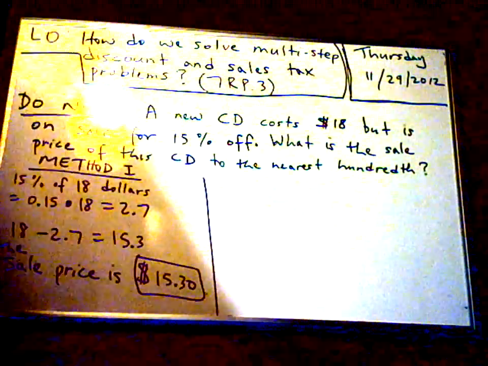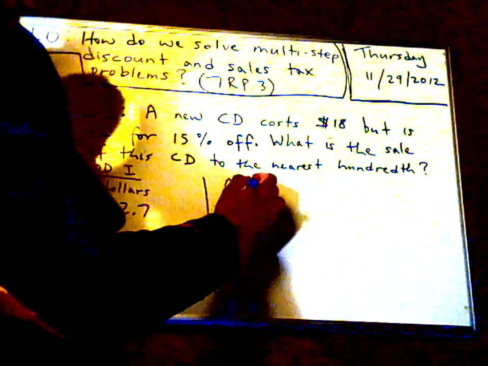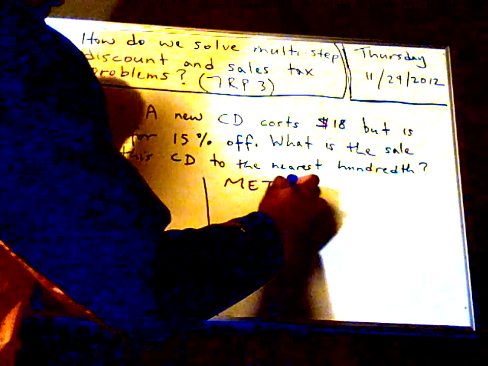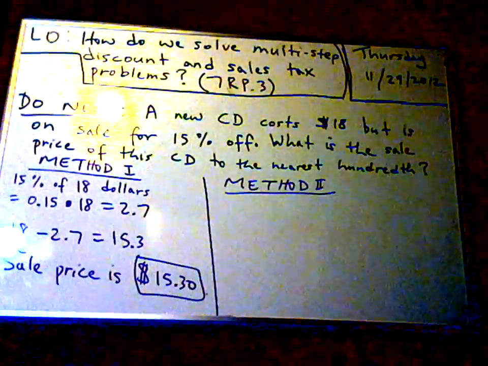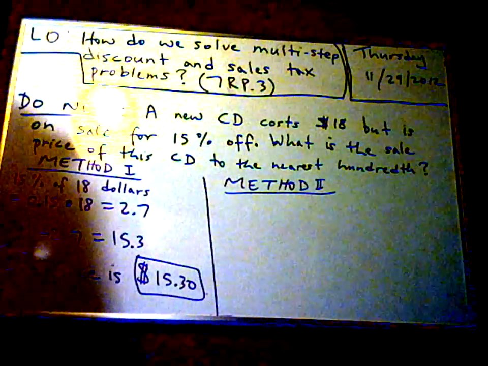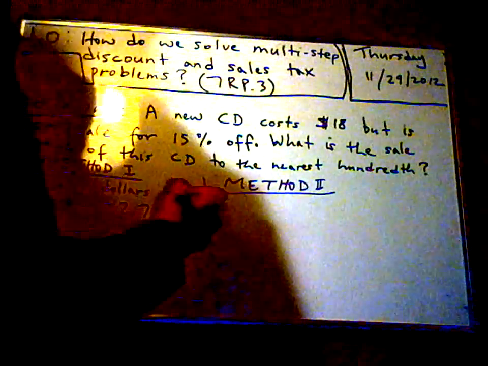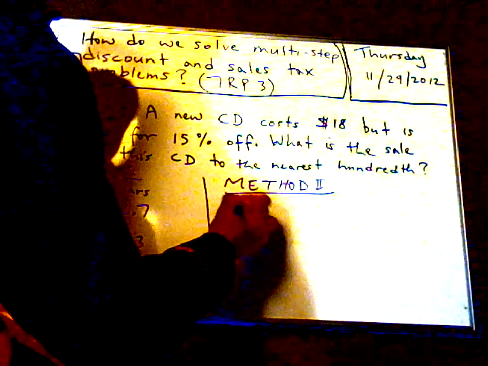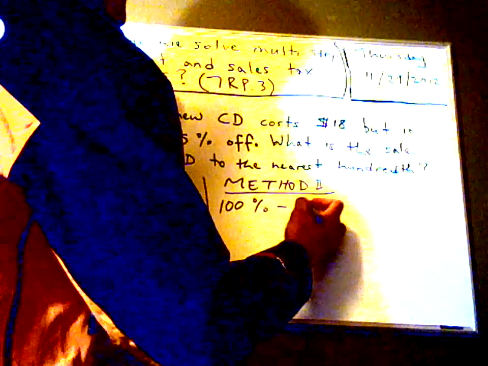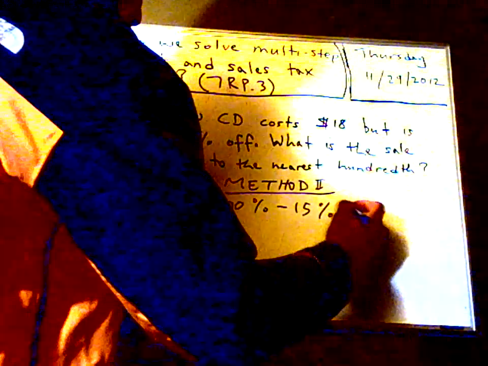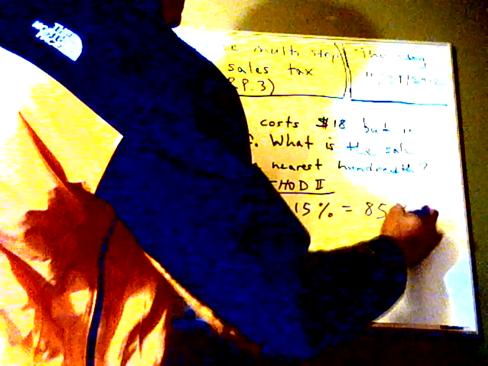Okay. The other method, method two, is to think about what percent you're paying. If you're taking 15% off, it's like taking the 100% the whole cost and reducing it by 15%. So you're going to be paying 85% of the cost.